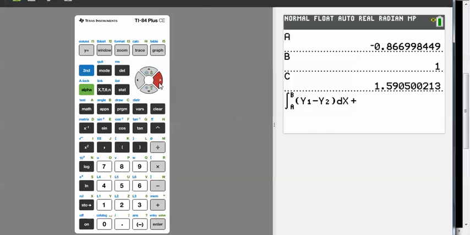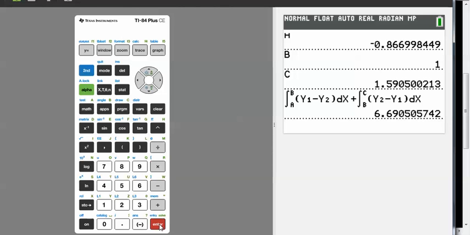Since y2 is above y1, the height is upper minus lower. The width is still dx. And it should give us a value, we hope, of 6.69 something. What is it thinking? 6.6905. So the correct answer would be 6.691. 6.691. Okay.